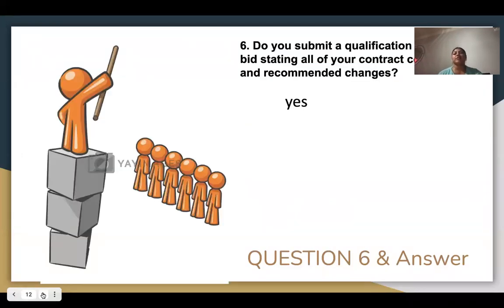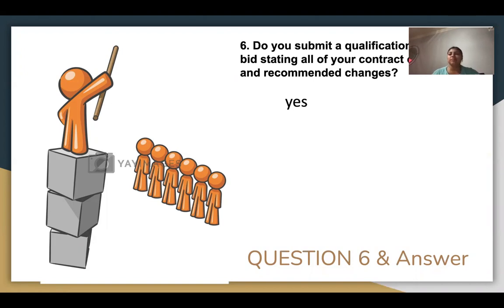Okay, so for number 6, do you submit a qualification with your bid stating all of your contract concerns and recommend changes? I also said yes because why wouldn't you submit the qualification? It's going to regard the entire project's process, so there should be no problem there.